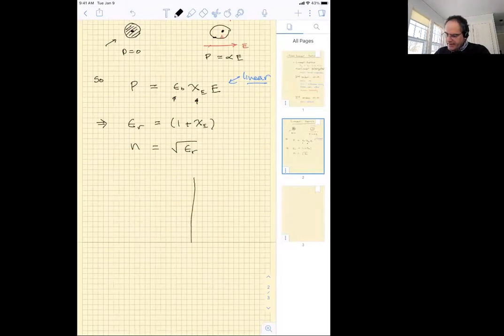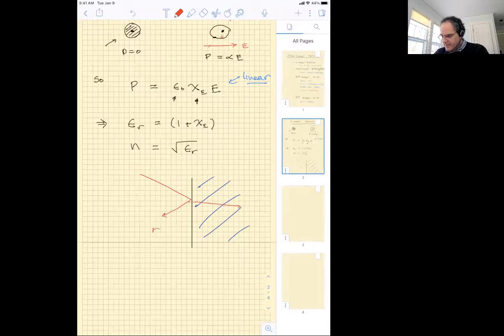And then we can think about light that interacts with some material, and we find that we can describe everything that happens in terms of the index of refraction in linear optics. So light strikes our material, some of it bounces off, some of it is transmitted, and we can describe the reflection. Sorry about my cartoon picture.